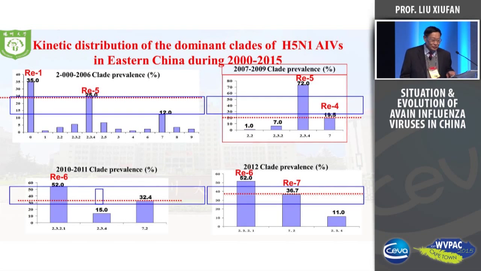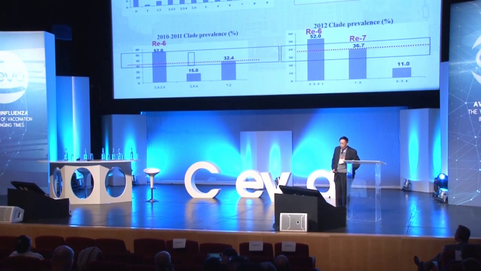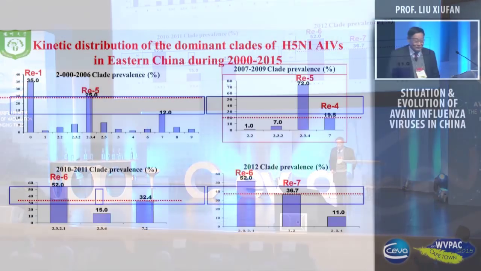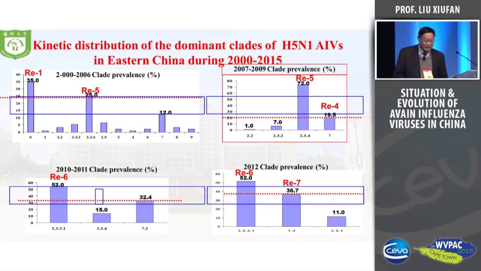And from 2010 to 2011, the clade prevalence showed that clade 2.3.4 is the dominant one. And in the year 2012, the clade prevalence showed that clade 2.3.1 is the prevalent.